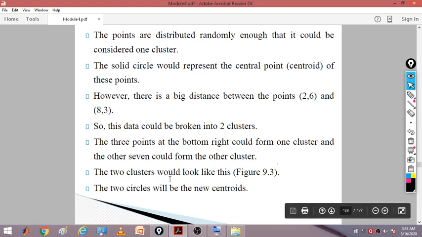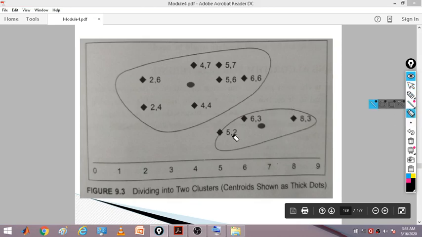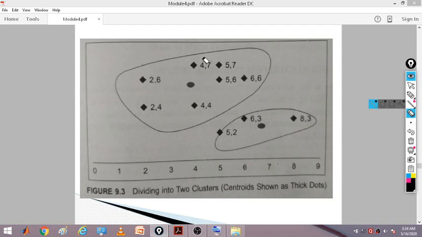Now when we divide into two clusters, we need two centroid points. You can see here 3 points form one cluster, and the rest, 7 points, form the other cluster. Now you have to compute the new centers.